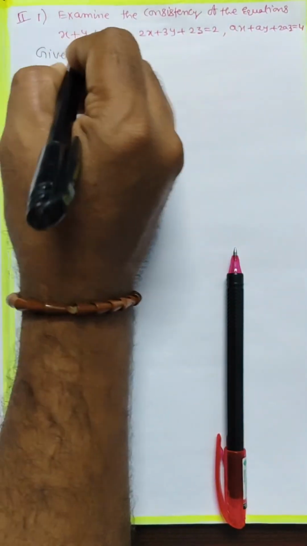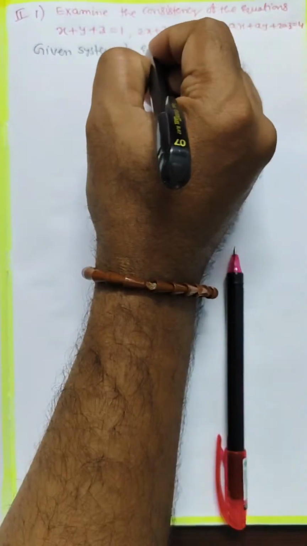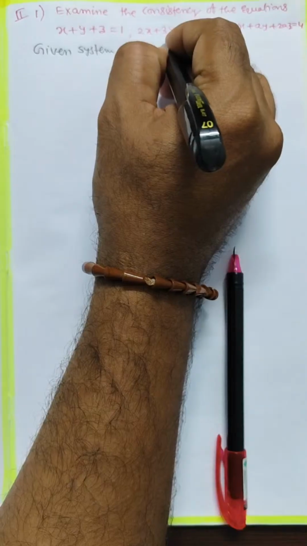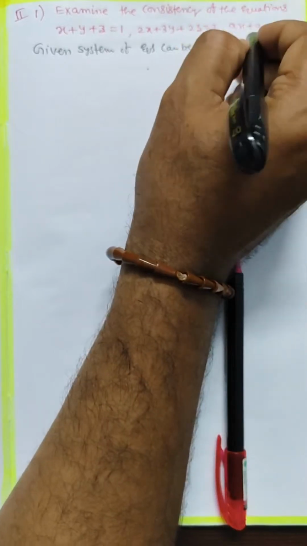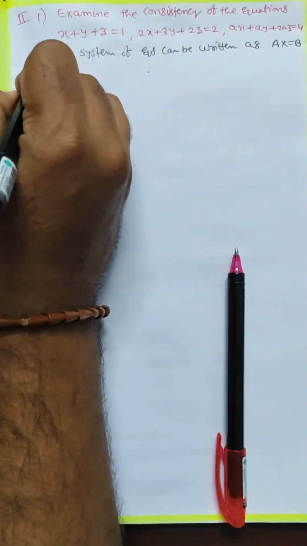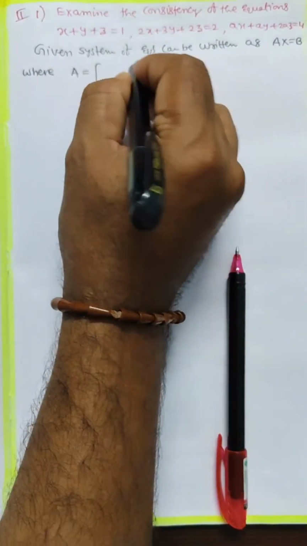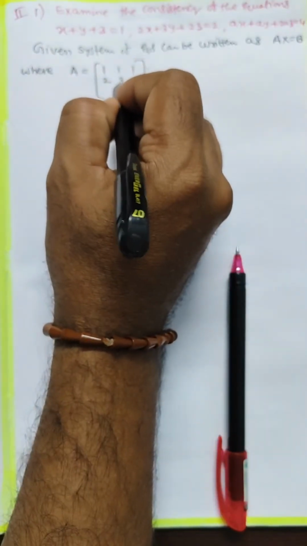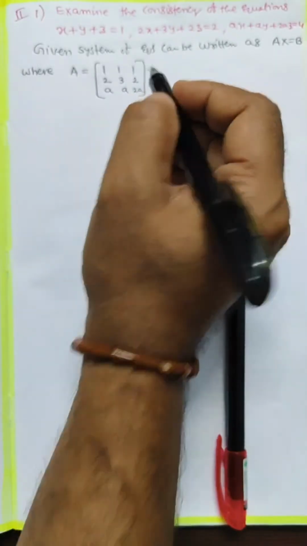The given system of equations can be written in the form AX = B, where A is the matrix of coefficients of x, y, z in all the equations: 1, 1, 1, 2, 3, 2, a, 2a.